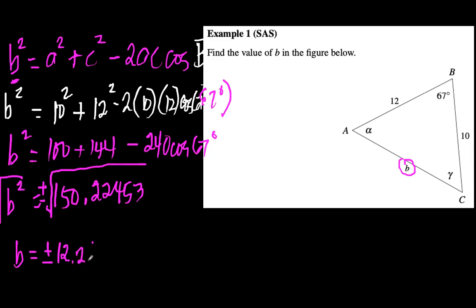Let's use 2 decimal places. So our answers for B are positive and negative 12.26. There are 2 possible answers. The positive 12.26 is approximate because we have already rounded off the answer. And this is negative 12.26.